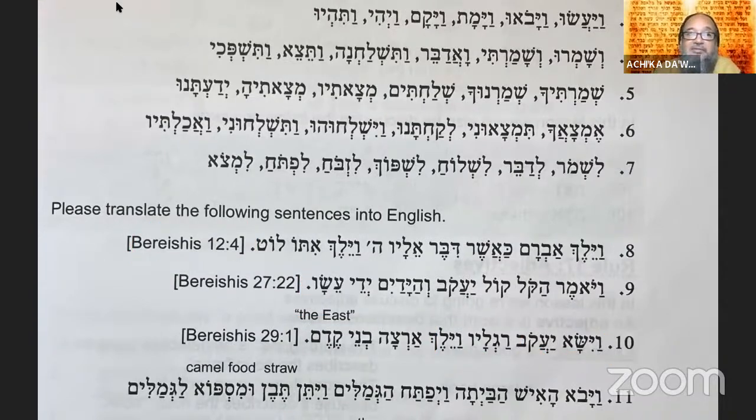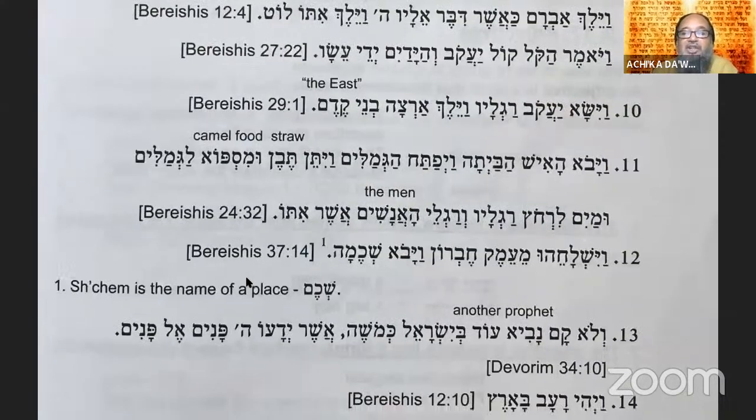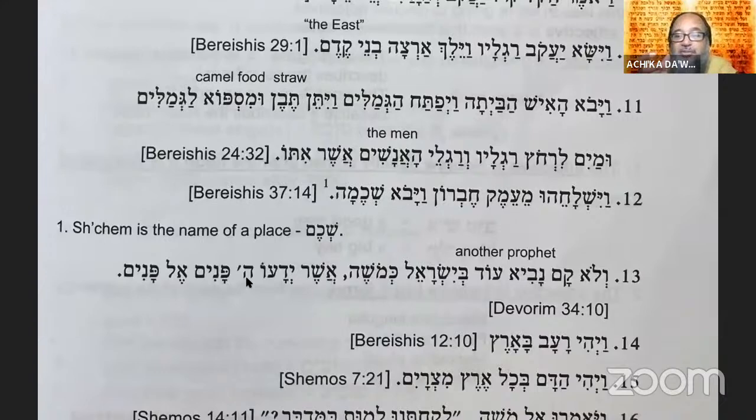You just got to break it down, and once you break these things down, you're going to become super, super smart, because you're going to be reading in Hebrew and you're going to understand what you're reading.